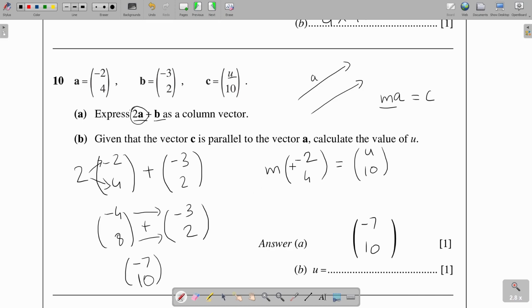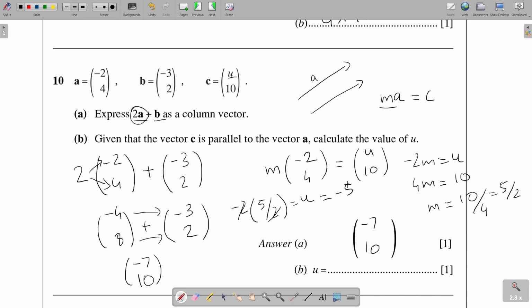So minus 2M is equal to U, and 4M is equal to 10. And so M is equal to 10 over 4, which becomes 5 over 2. So minus 2 into 5 over 2 is equal to U, which means U is equal to minus 5.